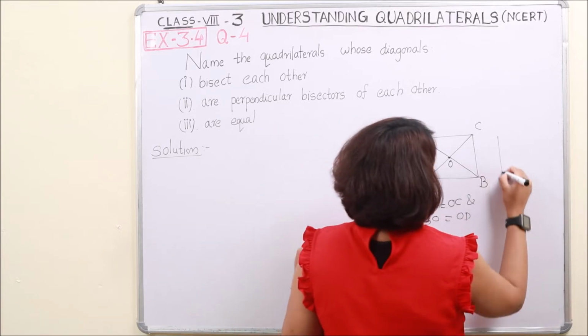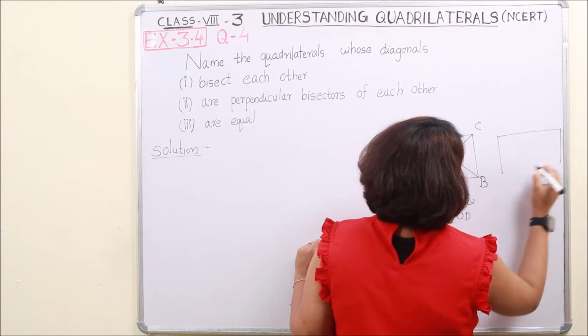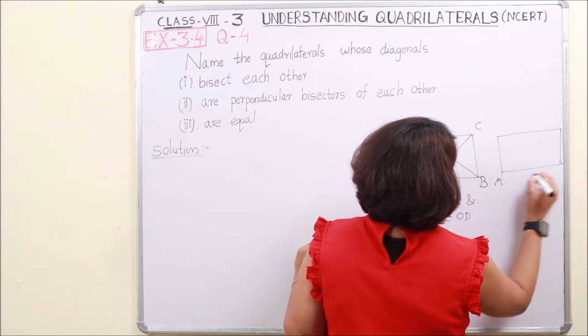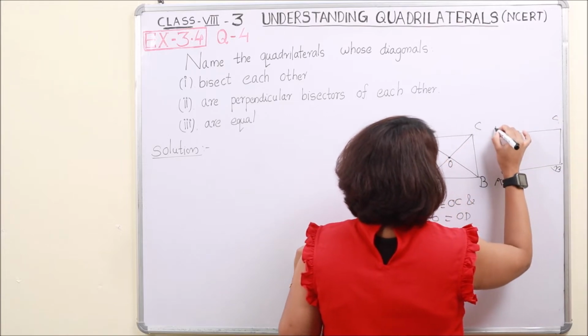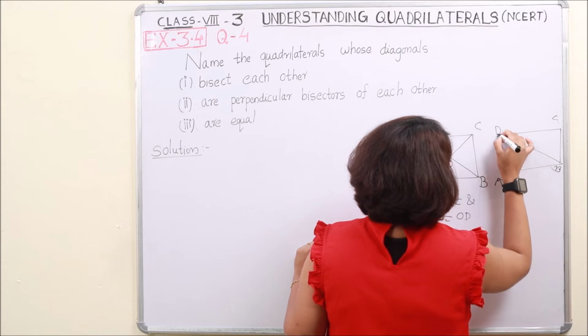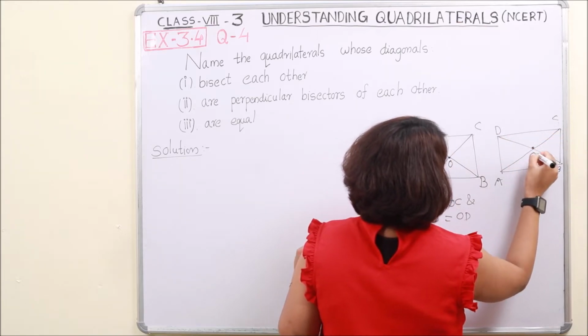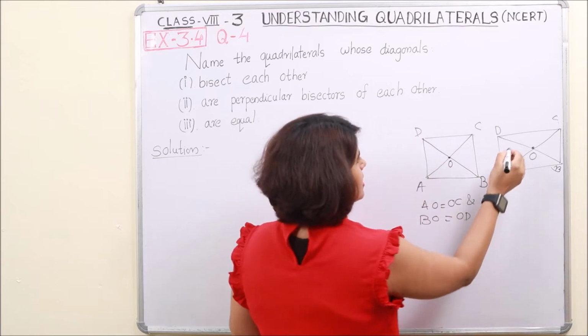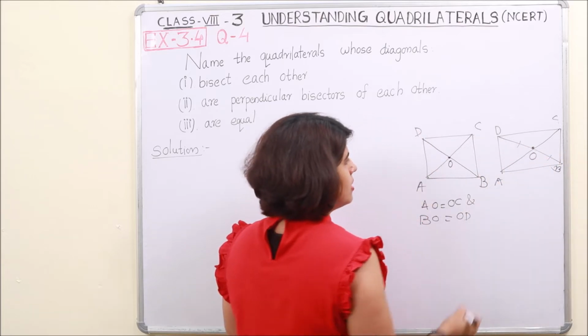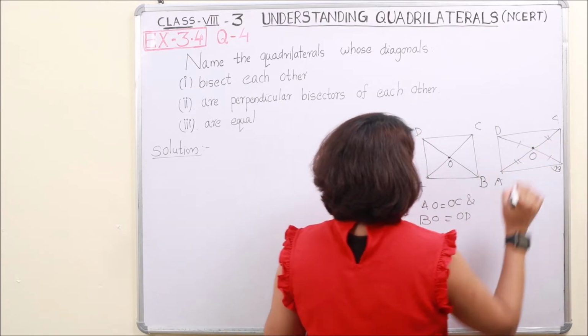Similarly, in the case of a rectangle ABCD, there are two diagonals, and if this is the point of intersection, then in a similar way these two lengths are equal and these two lengths are equal.